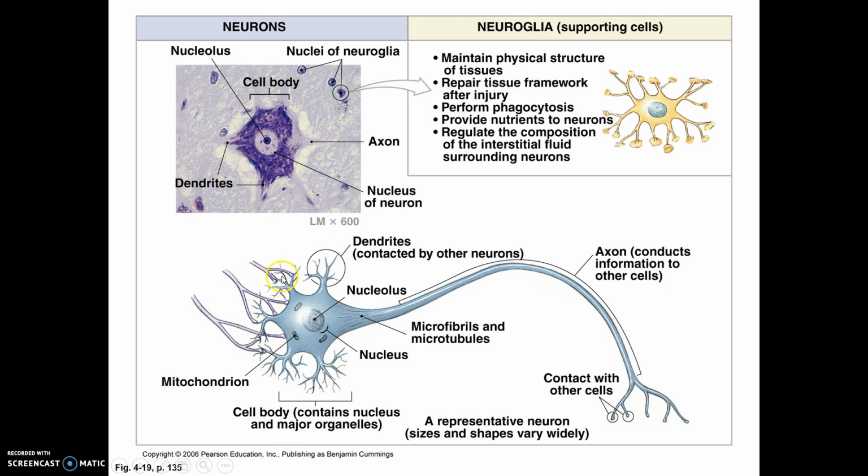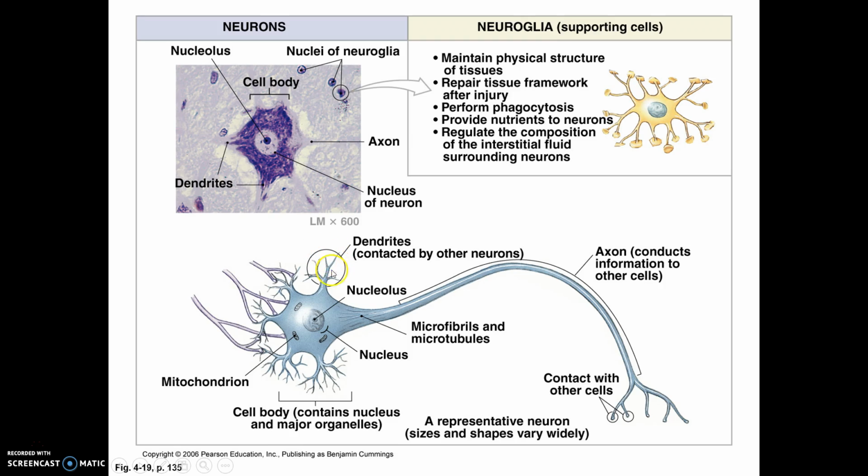Other neurons would make contact with the dendrites with the ends of their axons, the synaptic bulbs, and they would synapse with the dendrites so that they could release neurotransmitters to the dendrites. So bottom line is dendrites receive information. They don't send information. They don't release neurotransmitters, but they do receive them, and they go through what we call a depolarization, which we'll discuss later on.